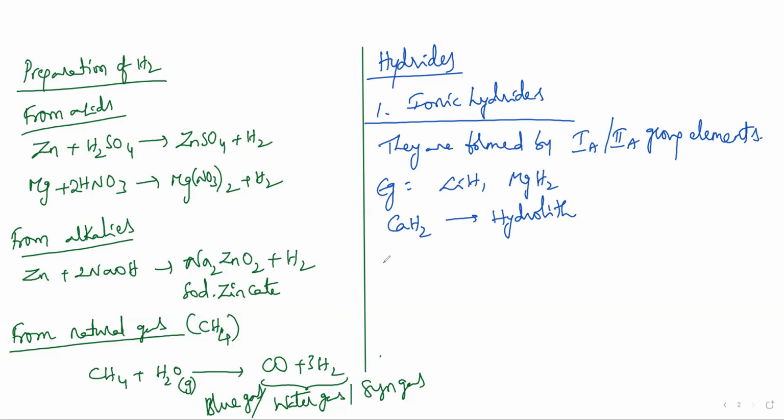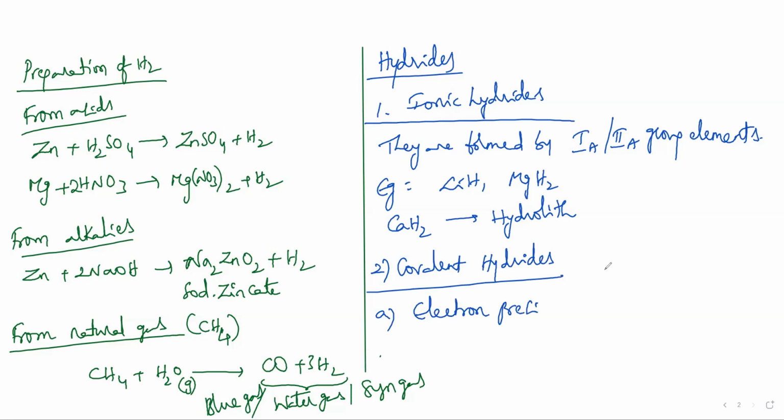Next, second type, covalent hydrides. In this, three types are there: electron precise hydrides.